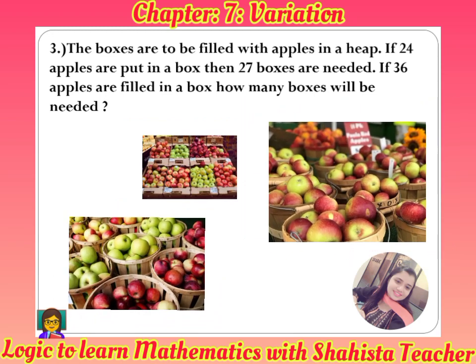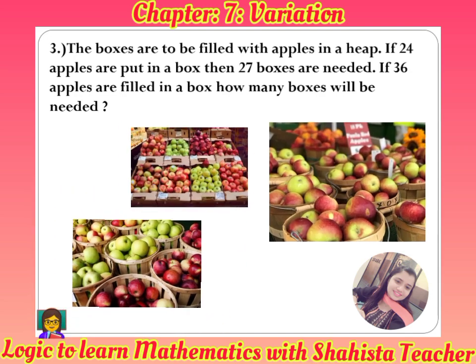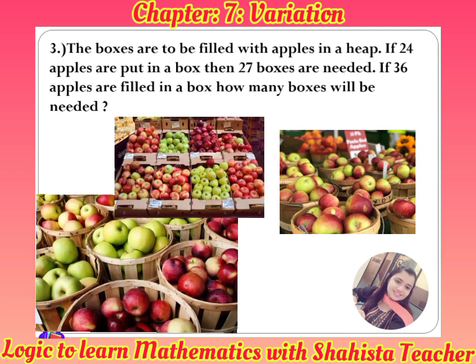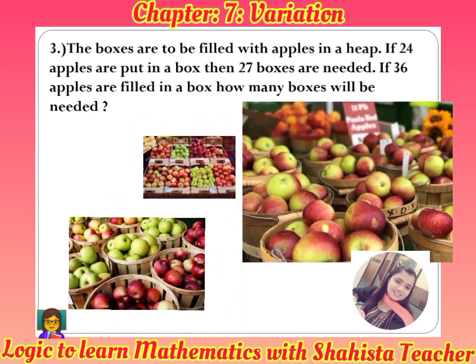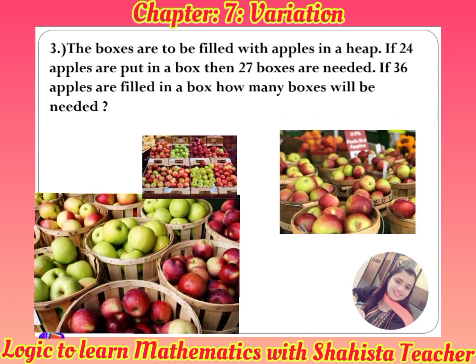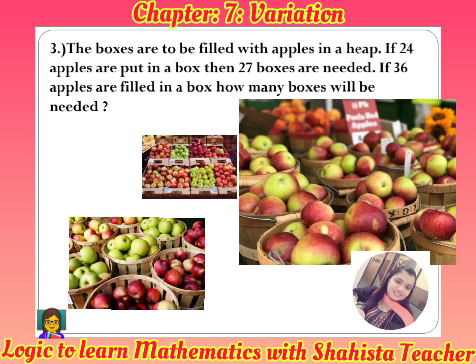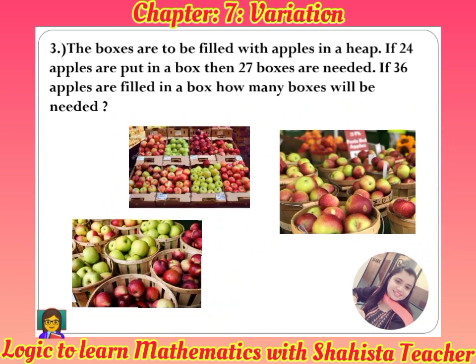So this is the value where we can find the constant term. Now after finding constant we have to find this: if 36 apples are filled in a box, then how many boxes will be needed?